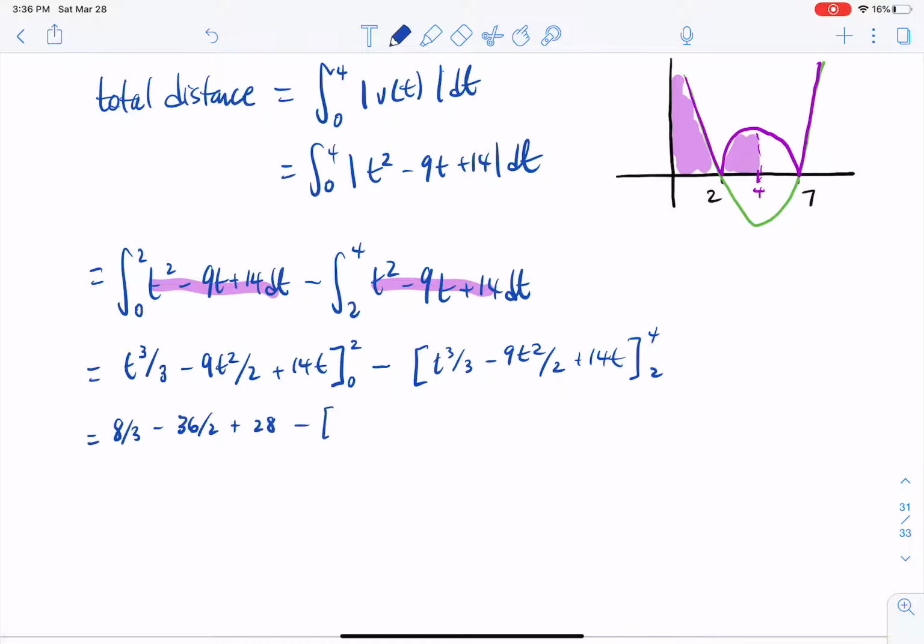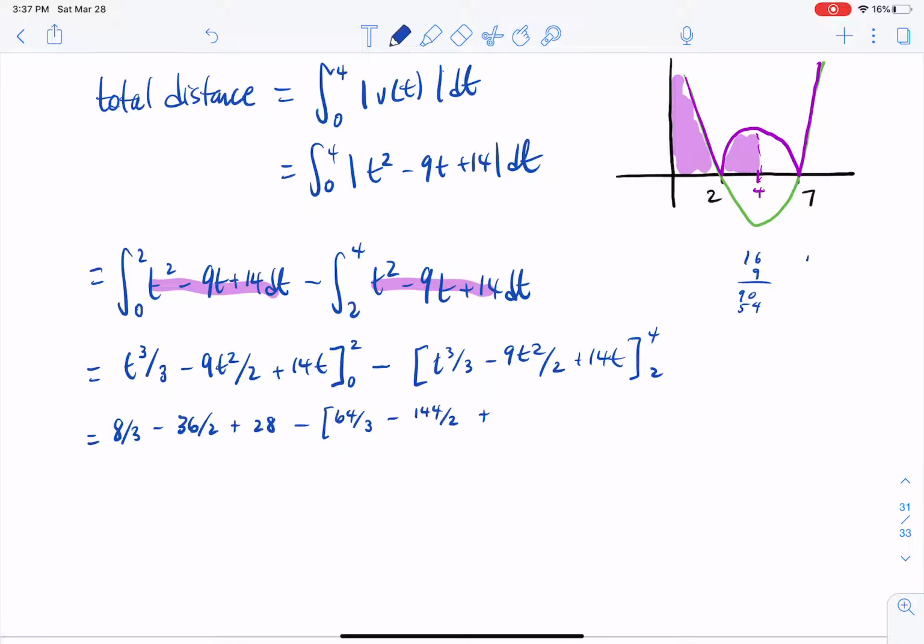So when I do it with the 4s, I will have 4 cubed, 64, 64 over 3. Minus 4 squared is 16. 16 times 9, that'd be 144. 144 over 2.